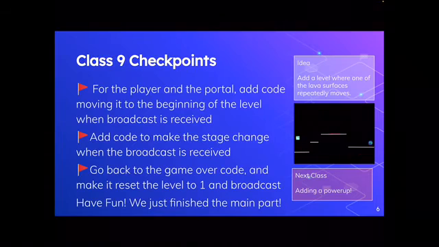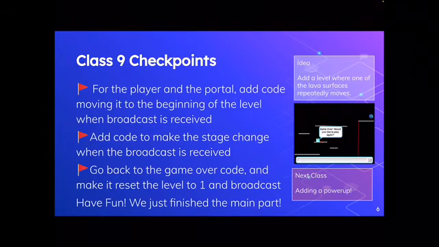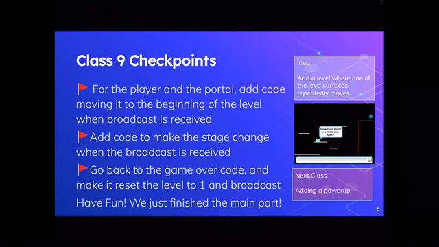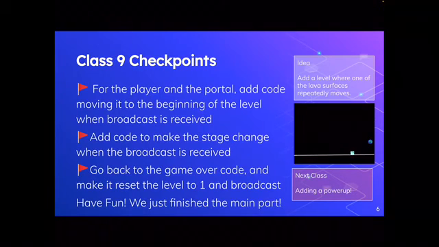If they respond yes, then add code to broadcast the message and reset the level to 1 so that everything goes back to level 1. If you use the variables, all you have to do is set level equal to 1. And if you use different broadcasts for each level, then you could just send broadcast level 1, or whichever your message is for level 1.